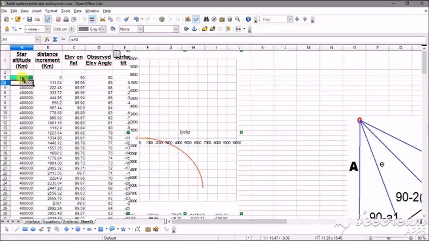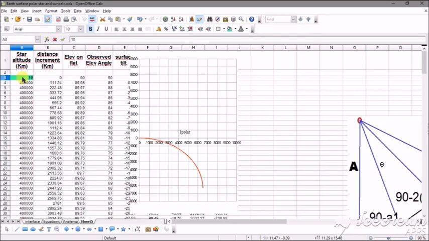Yeah, okay, so let's try 1 million. I think it's clear that this is a part of a ball. Let's try 5 million kilometers. Well, the change, as you see, is very slight.